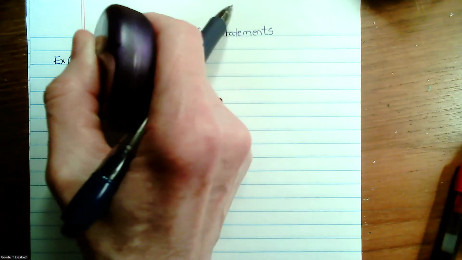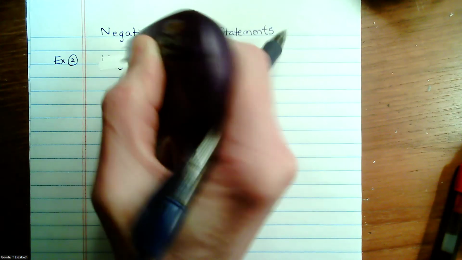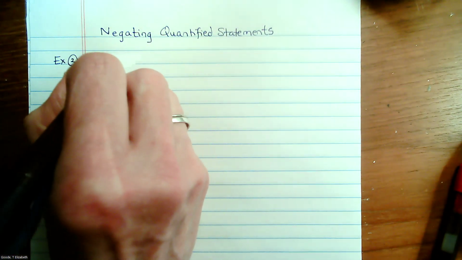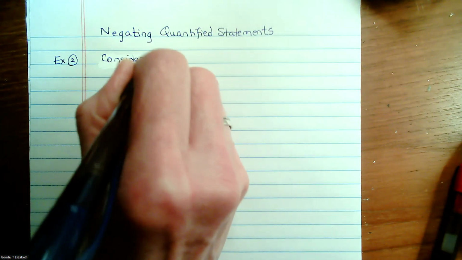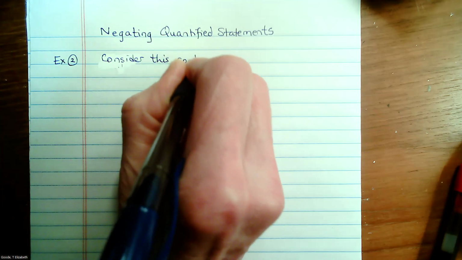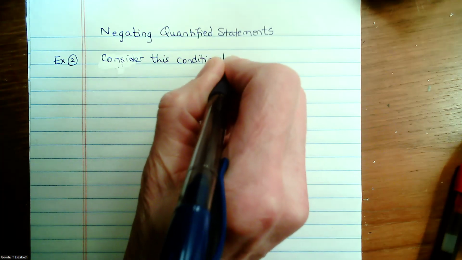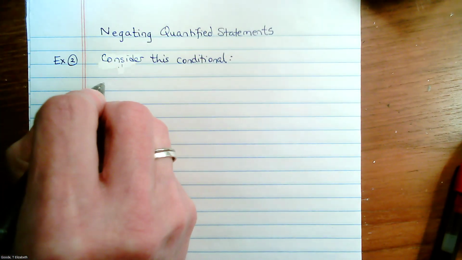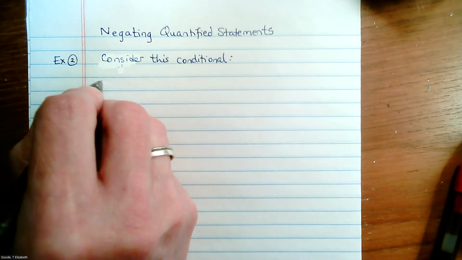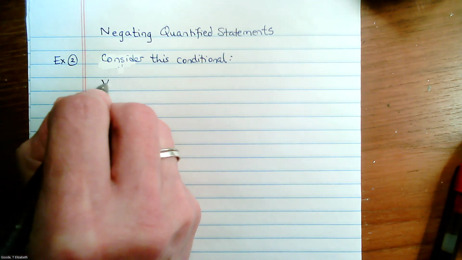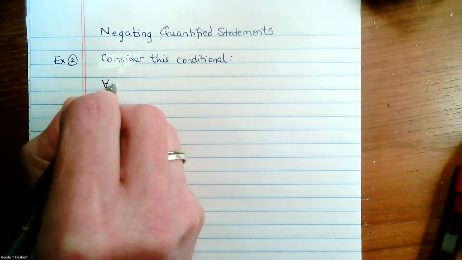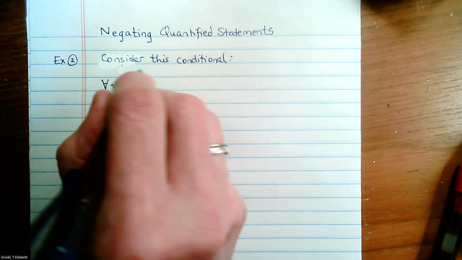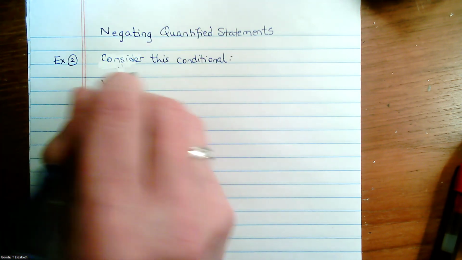Actually, we can play the sisters and the negation game. I think you had this in WebAssign, but it's good to do it again. Consider this conditional. One of the WebAssign questions gave a set, and it asked that we determine certain conditionals based on that set.